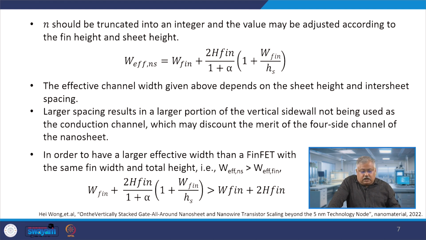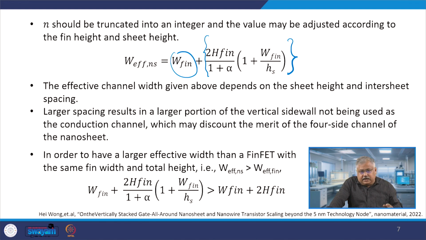So, the effective width of the nanosheet is given by W fin plus this whole quantity which you see in here, right. This is basically equivalent to 2n times (W fin plus HS), and by some manipulation I get 2 H fin by (1 plus alpha) times (1 plus W fin by H fin).